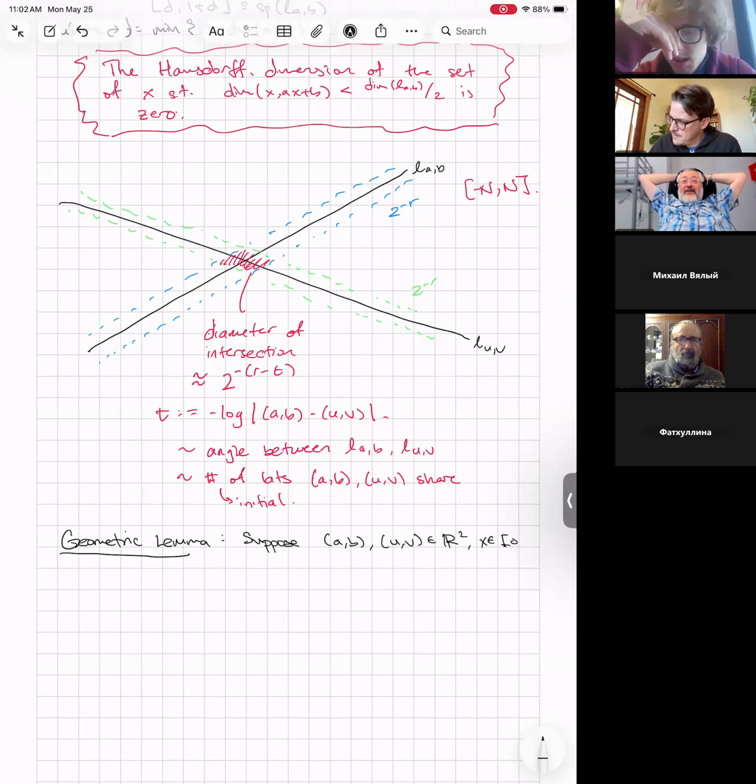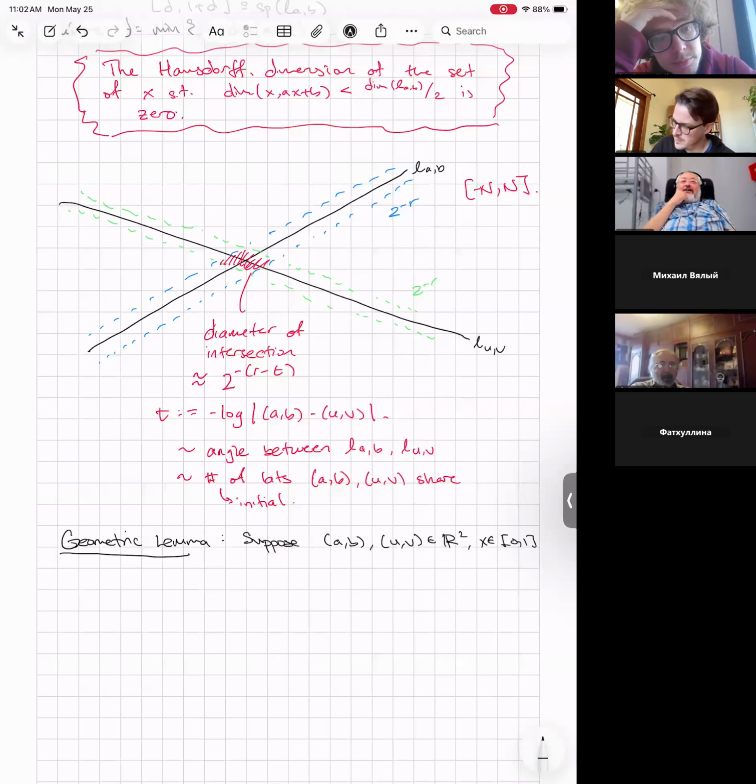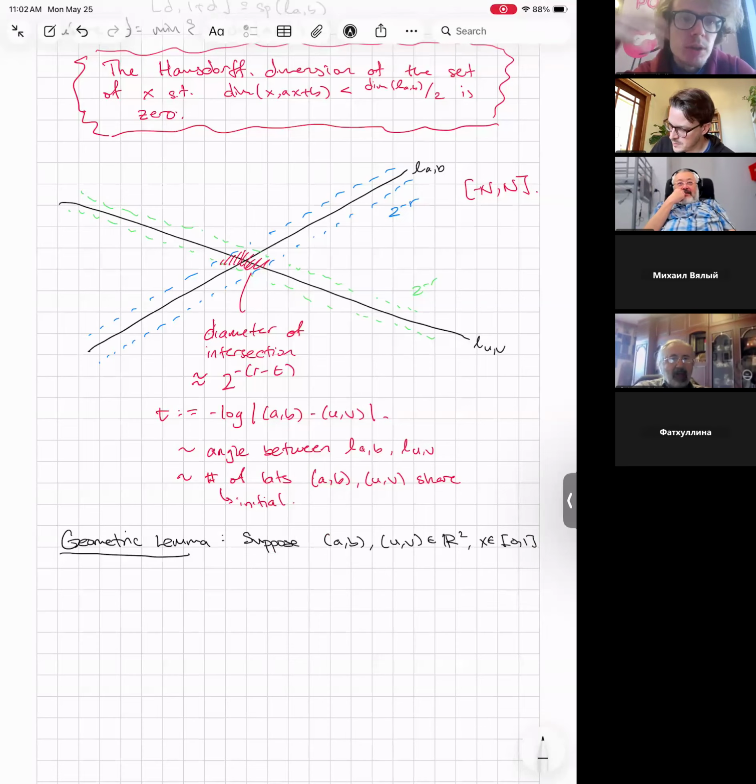So for the diameter, we lose precision if the lines have a very sharp angle. But it's not that I know the intersection of the two lines, their coordinates, up to that many bits. It's just I know the radius. But of course you know the coordinates up to that many bits approximately.